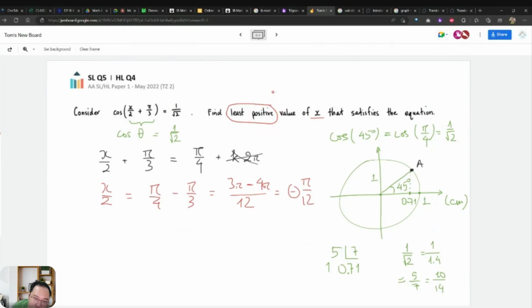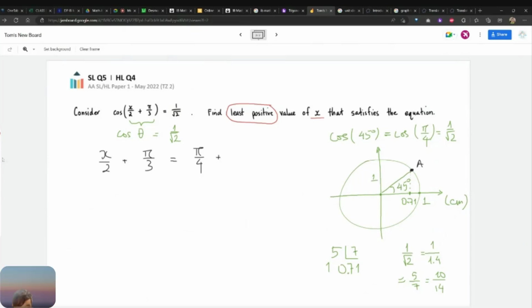So we cannot take the value pi over 4, but we have to add to it. I've solved this problem before, and I know that if I add 2 pi, it will not give the least value. Many students will make the same mistake.